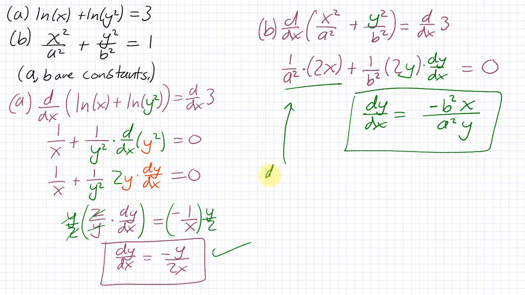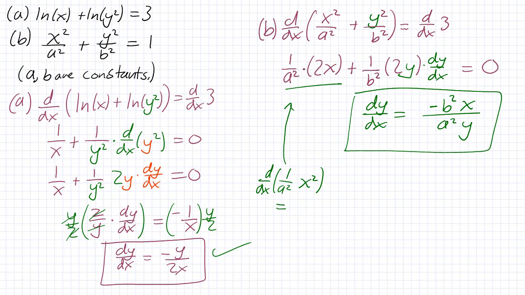This derivative with respect to x of x squared over a squared is the same as just the derivative of 1 over a squared times x squared. And this is a constant. You can imagine, like, what if it was 1 over 9 squared, 1 over 81? Then you would just be able to ignore it and take the derivative of the x squared, which gives 2x.